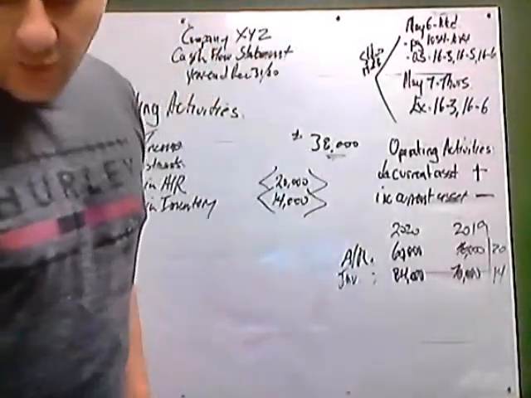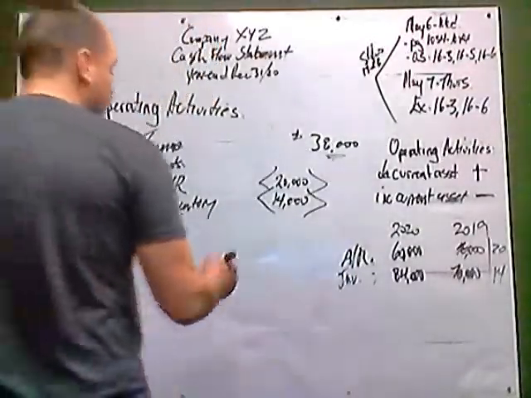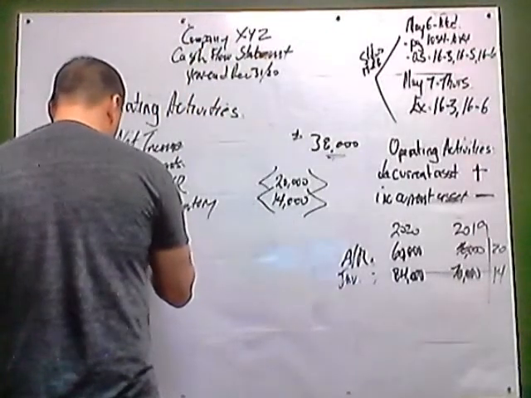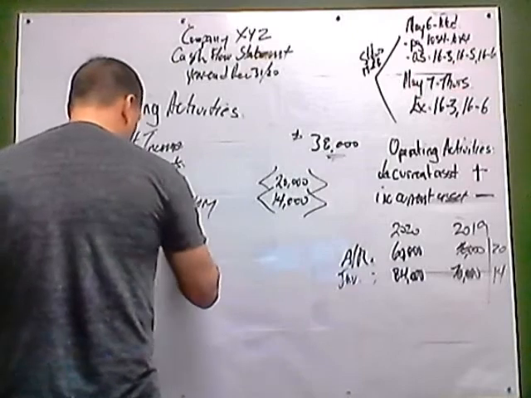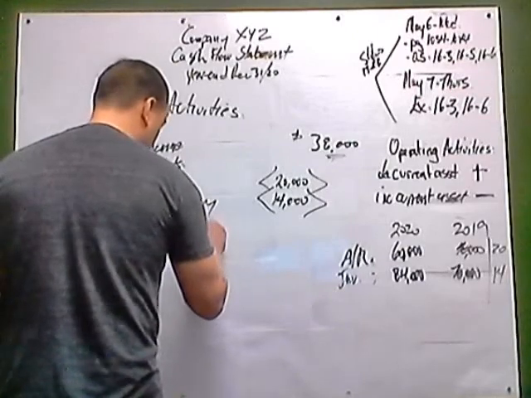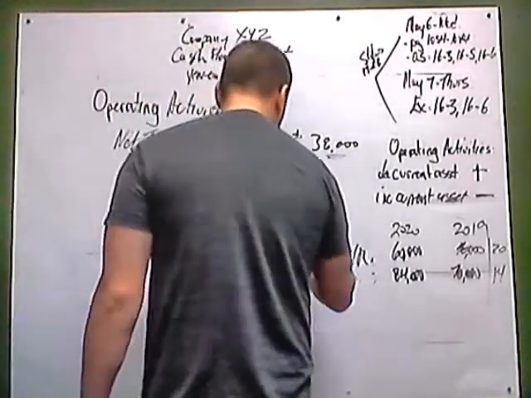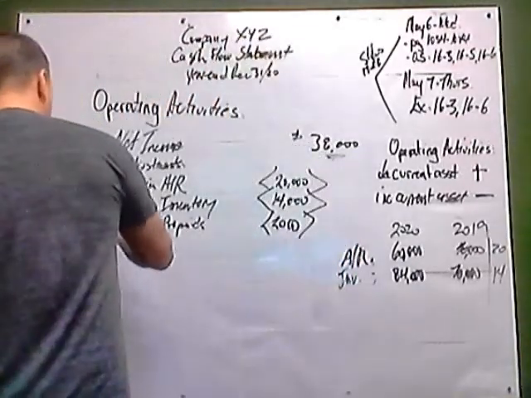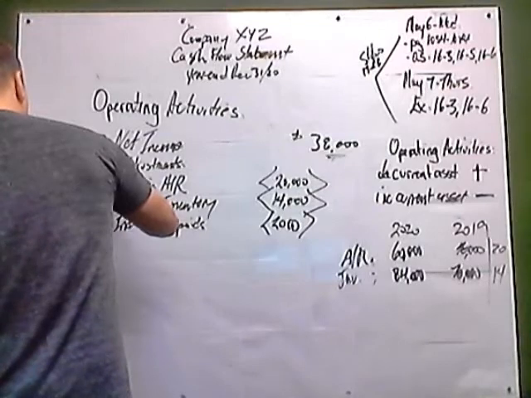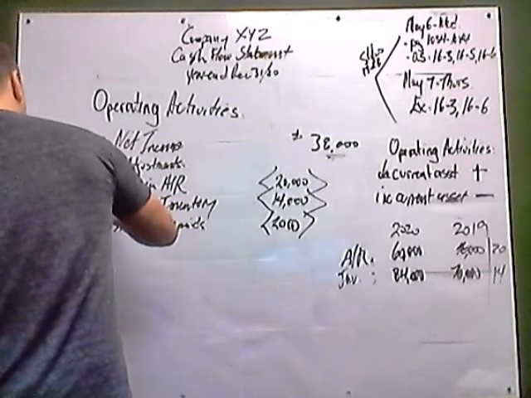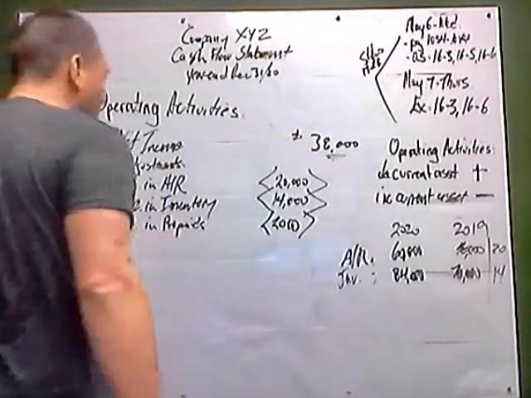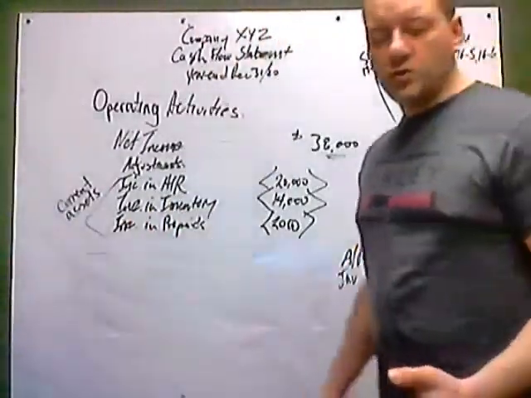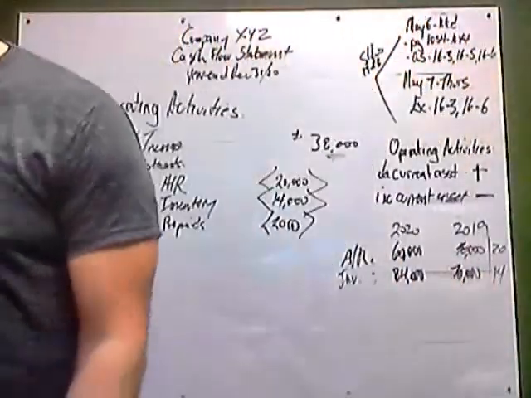So it looks like we had an increase of prepaids of $2,000. So we're going to again subtract the increase. Notice this was all current assets. Again, that ties in to page 1039.